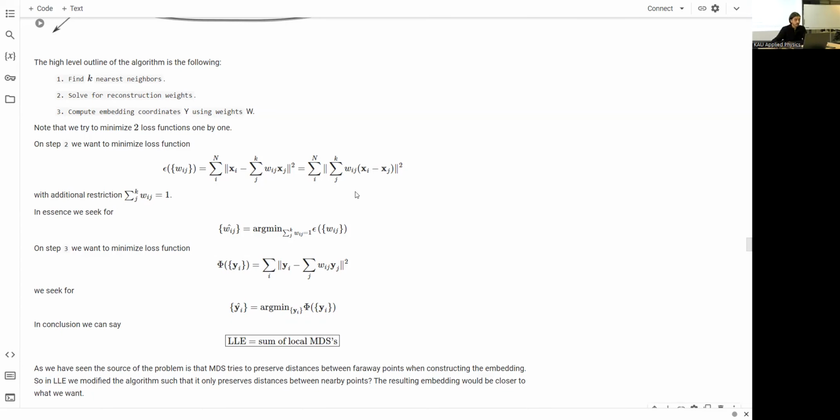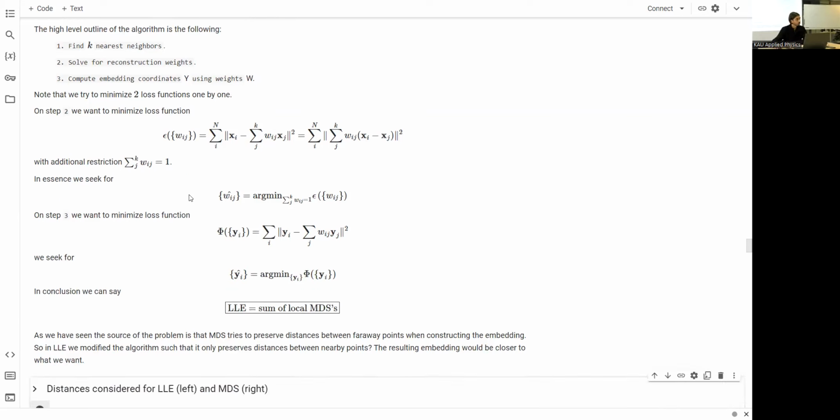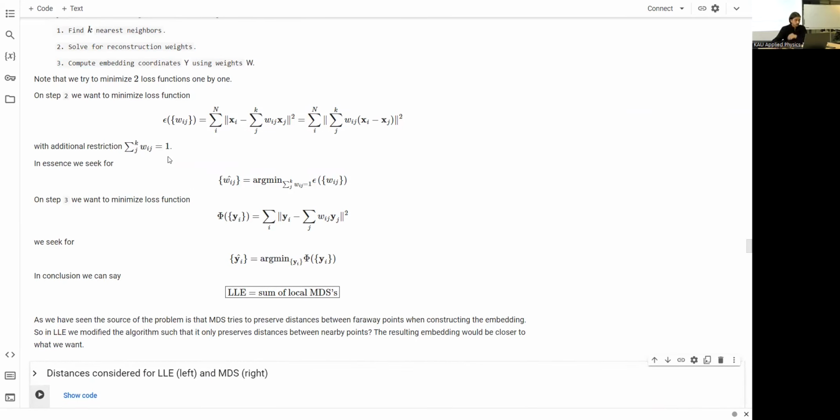So here we get all these weights. We add some additional restriction, like the sum of the weights should be 1, so that's okay. If you have seen barycentric coordinates or something like that, that should be quite familiar for you. So we get this W.